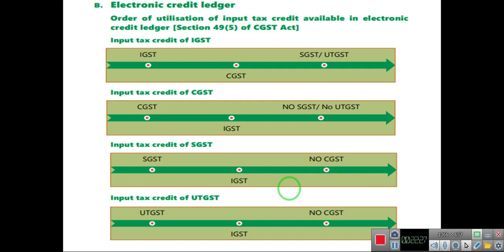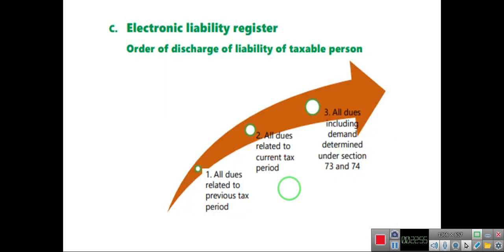Where SGST credit is available, it can be used to set off against payment of IGST, but not CGST. And input tax credit of UTGST can be utilized towards UTGST first, then IGST, but UTGST can't be used for set off against CGST.